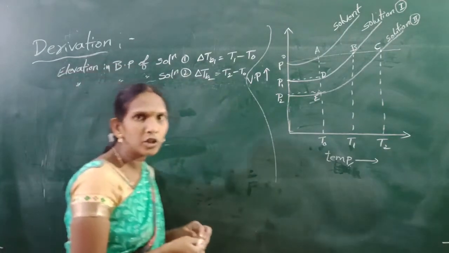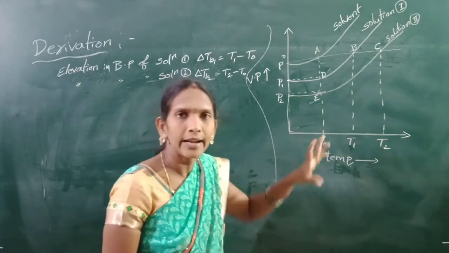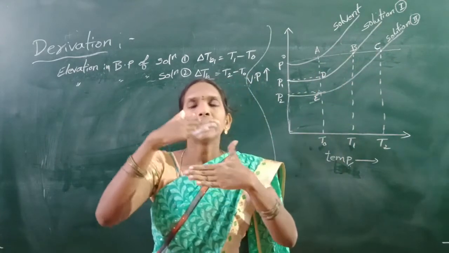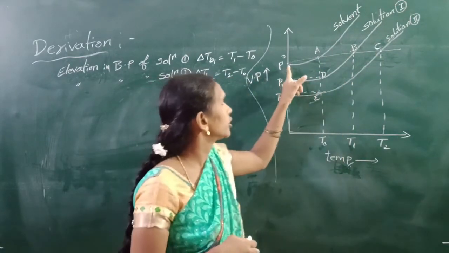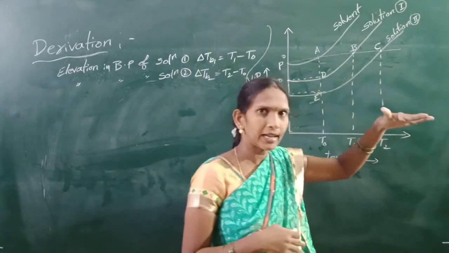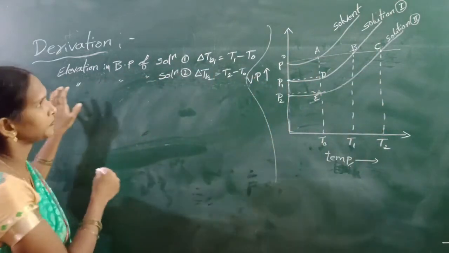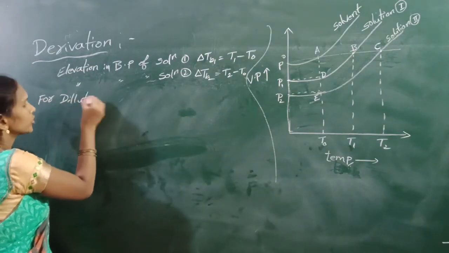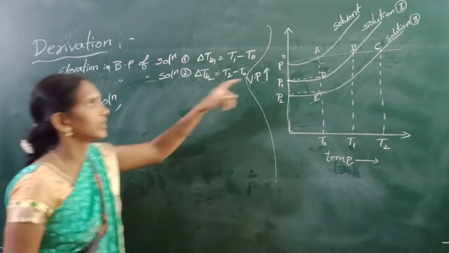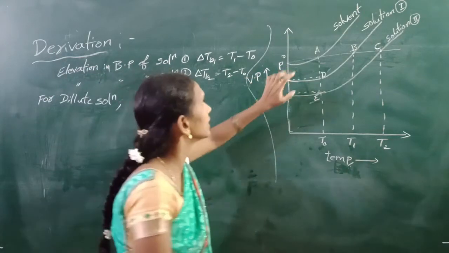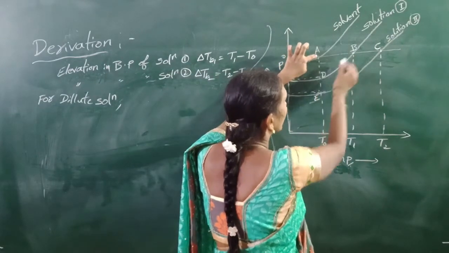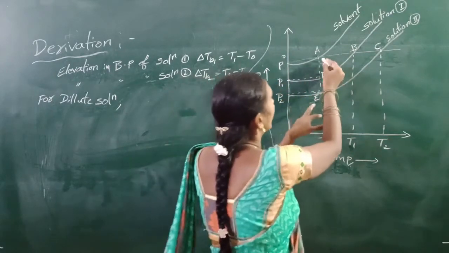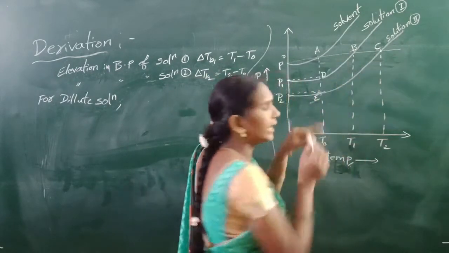For dilute solutions, these three curves are parallel straight lines. That means triangle ABD and triangle ACE are similar.